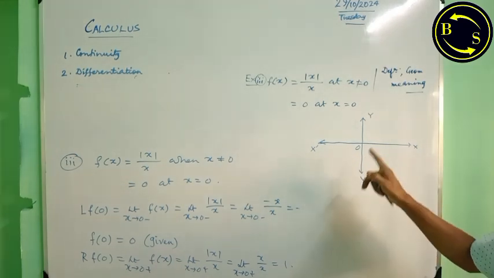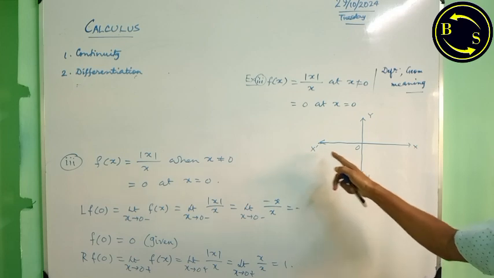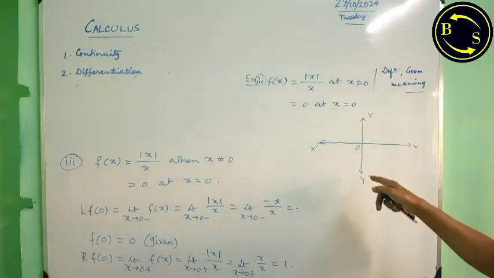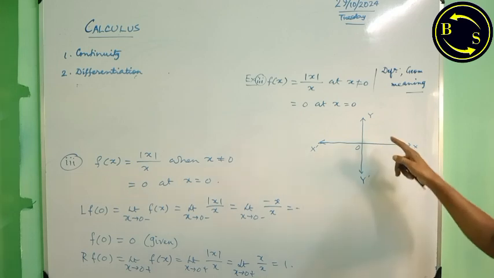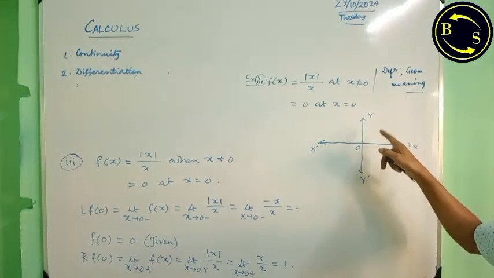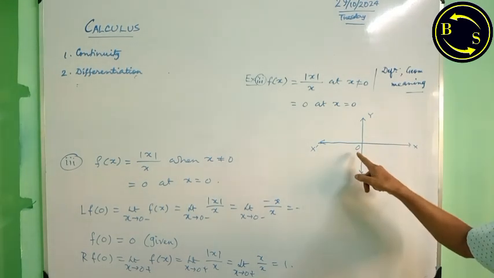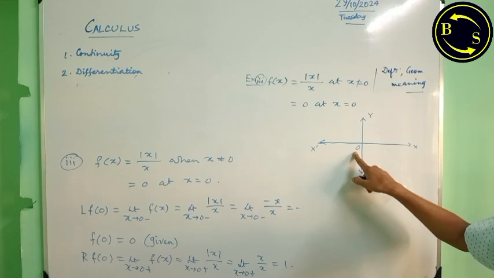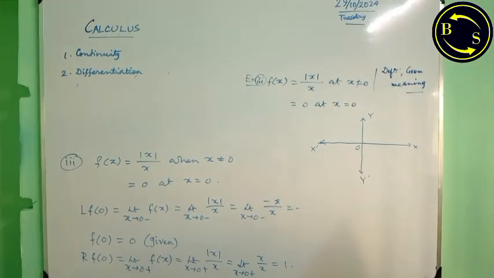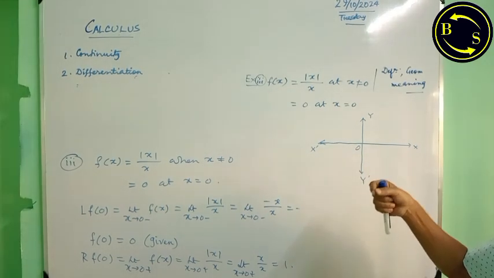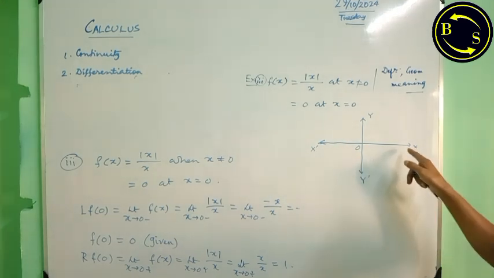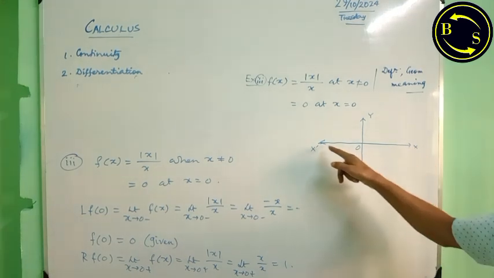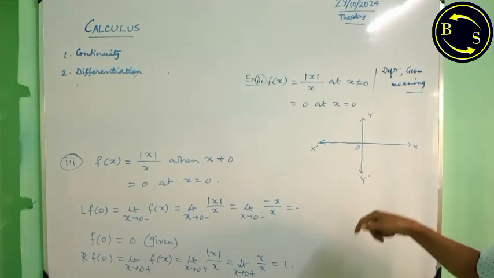For that, on the plain sheet, you first take two mutually perpendicular lines. Horizontal one is x-axis, already you know, and vertical one is the y-axis. Their point of intersection is O. Now, with the help of your scale, you scale on the x-axis as well as on the y-axis.